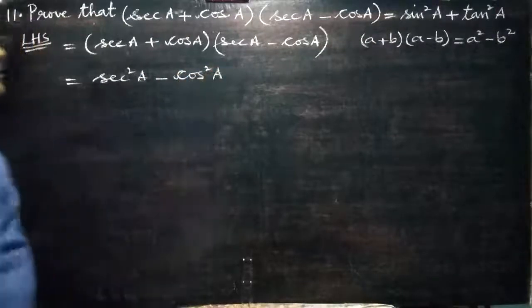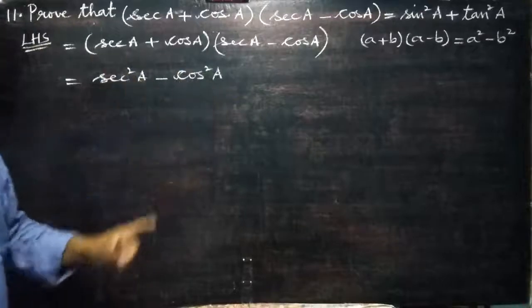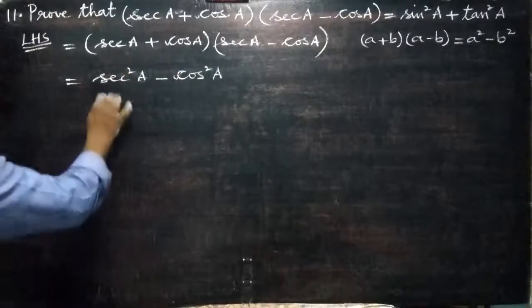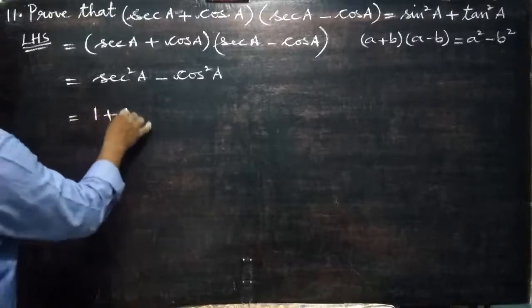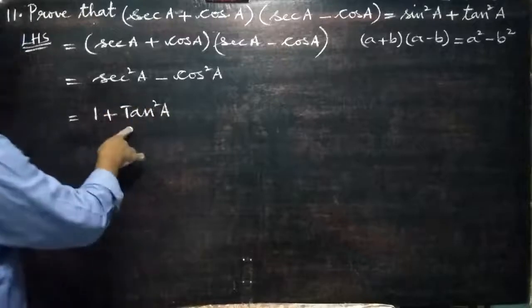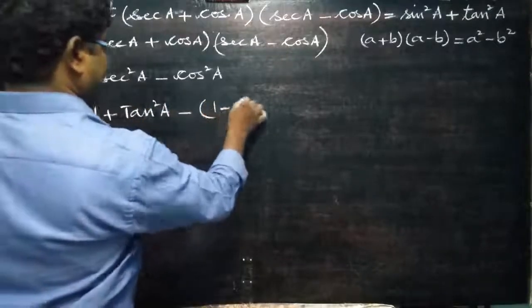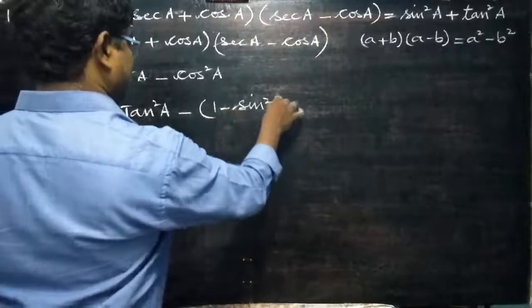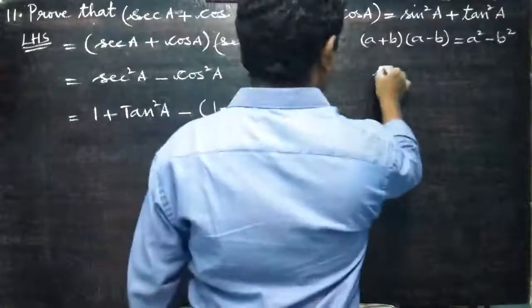This is not identity. Secant square A minus tan square A is 1. Keep in mind. Now we can write secant square A as 1 plus tan square A. In the place of secant square A I wrote that, and in the place of cos square A, 1 minus sin square A. From where we got this one? From identities. Which identities?